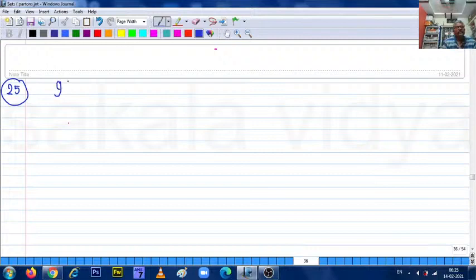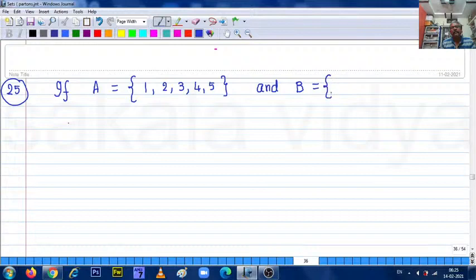If A equals 1, 2, 3, 4, 5 and B equals 2, 4, 6, 8, then find n of A union B. Find n of A union B.